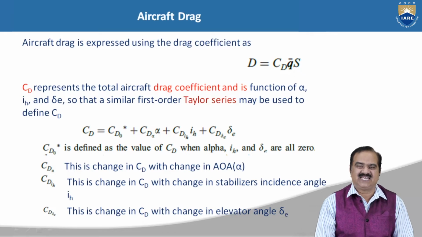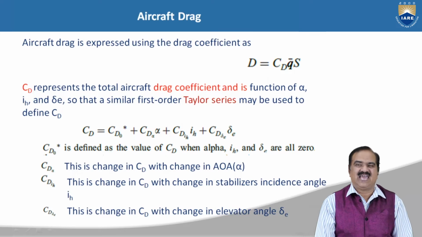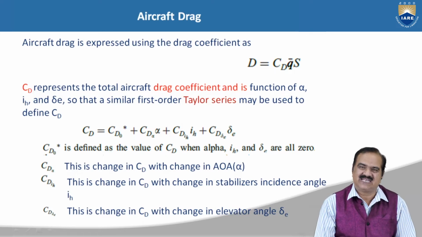The third one is CD delta E, where delta E is the elevator deflection.